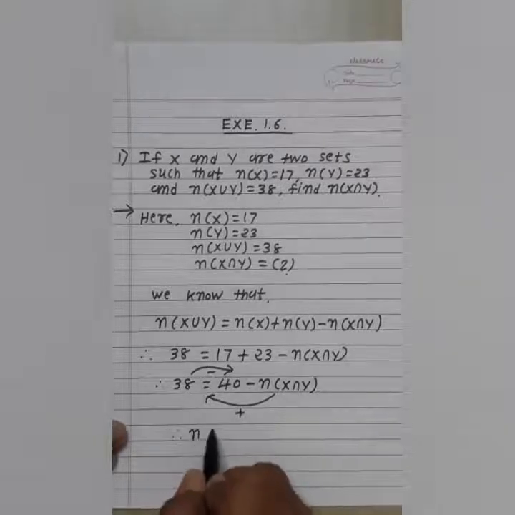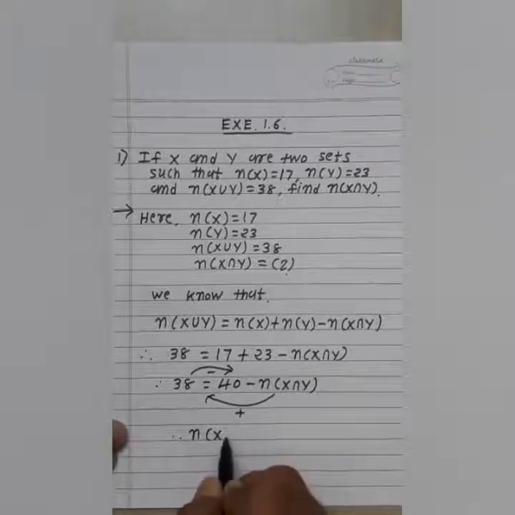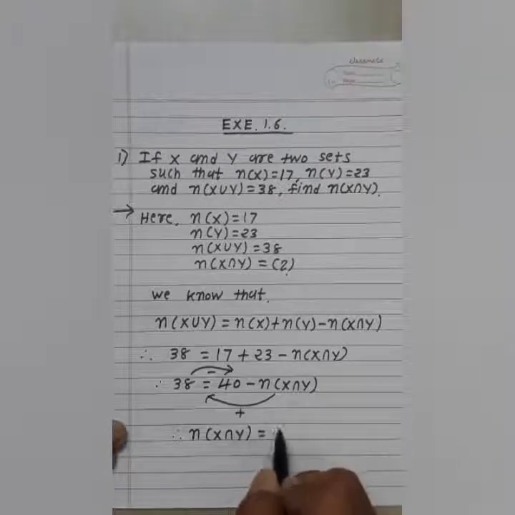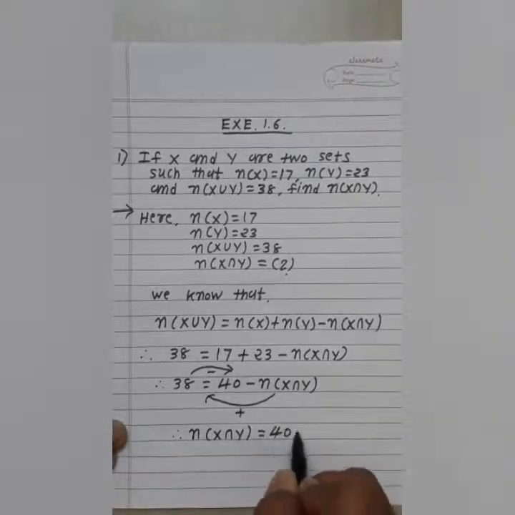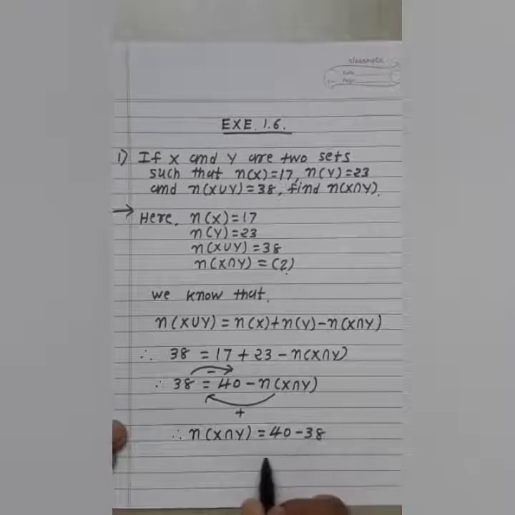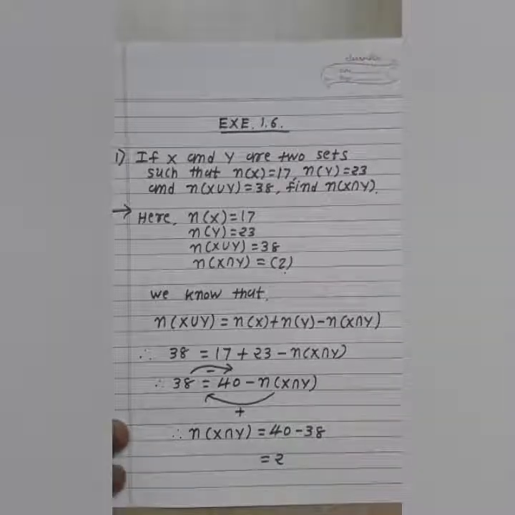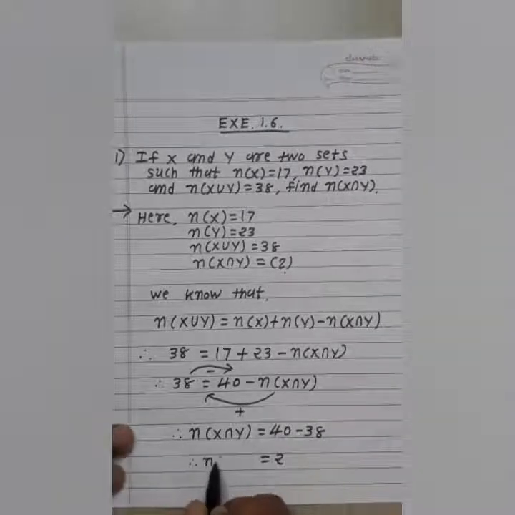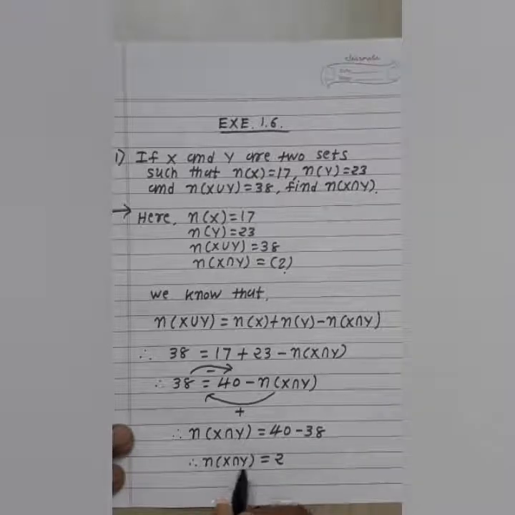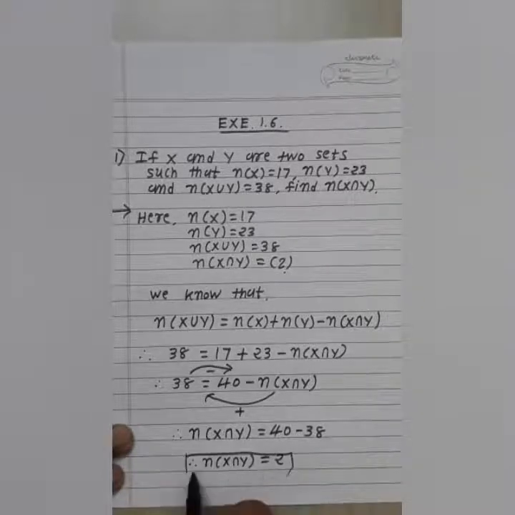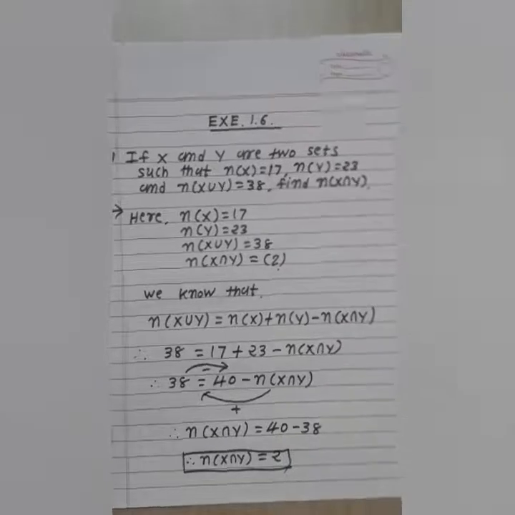Therefore n of x intersection y is equal to 40 minus 38, which is 2. So we get n of x intersection y is equal to 2.